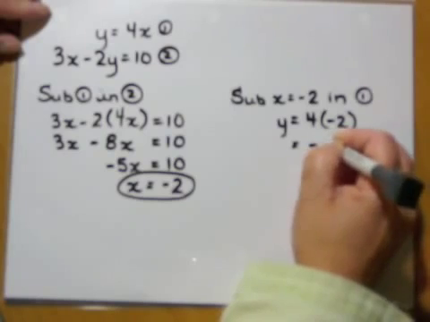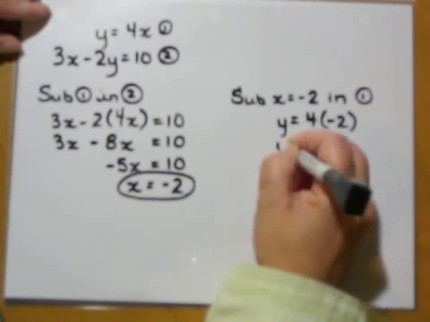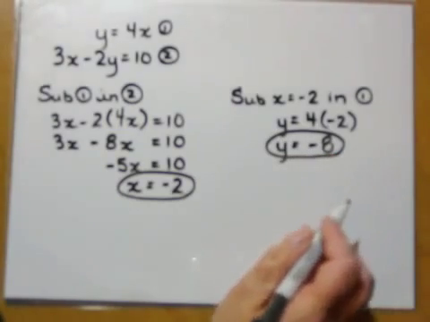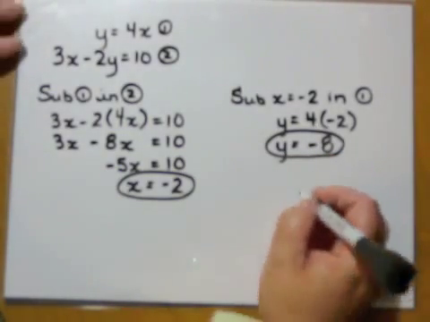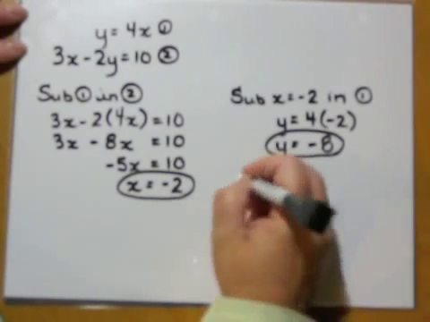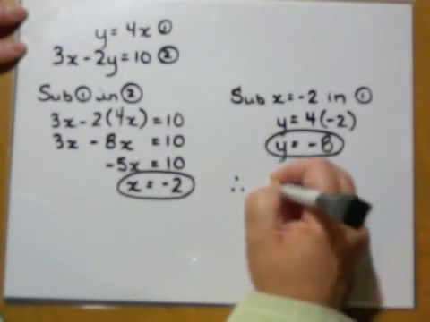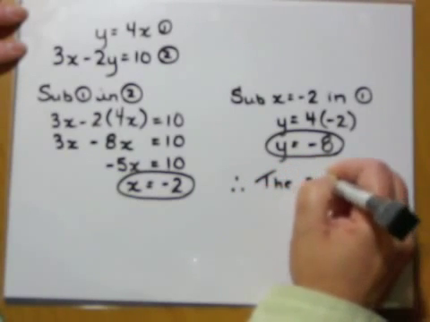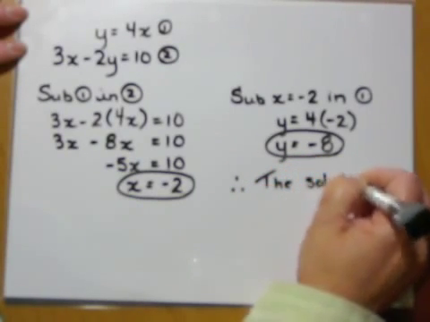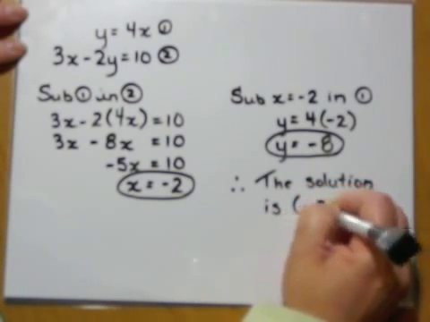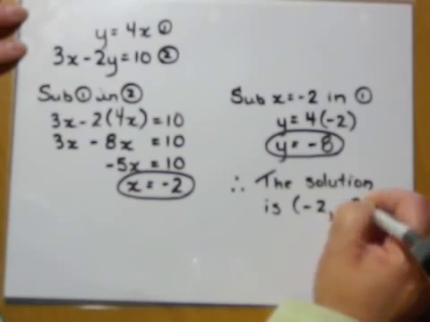So y equals negative 8. So if I were to graph these two lines, they would intersect at the point negative 2, negative 8. So therefore, the solution is negative 2, negative 8.